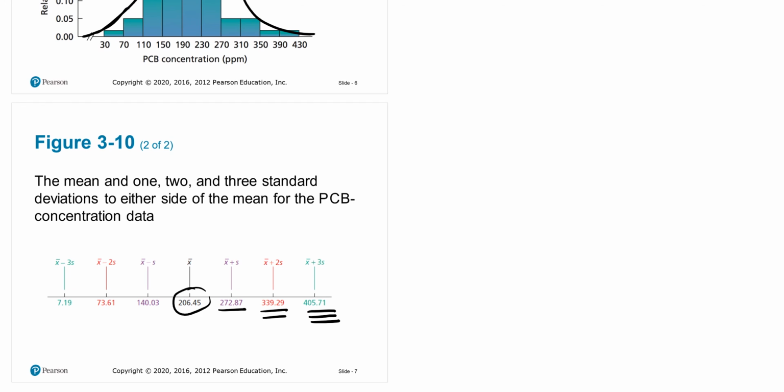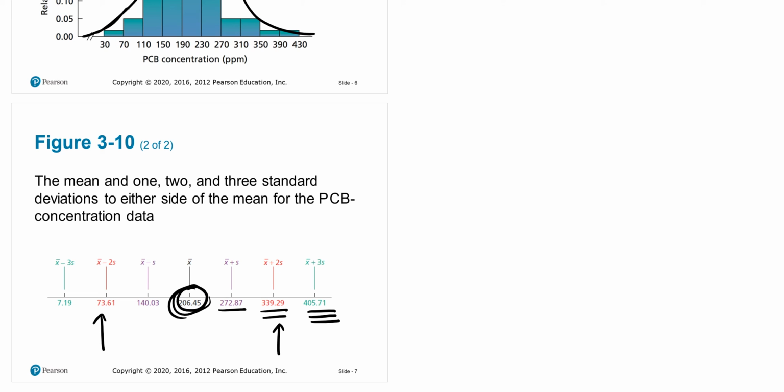So always keep an eye out. Sometimes they ask the question in backwards wording, as I did in the previous example. Sometimes they give you some data, or they give you the mean, and they ask within how many standard deviations the numbers 73.61 and 339.29 fall.